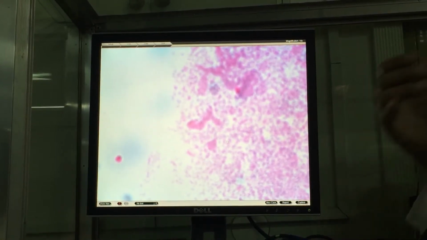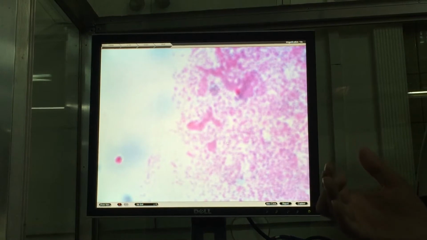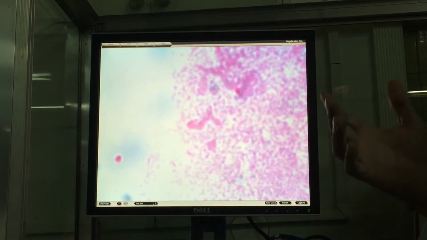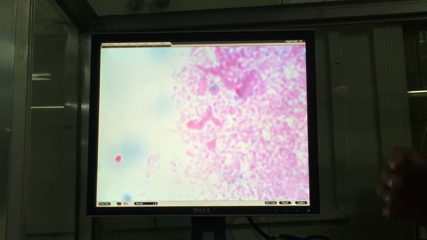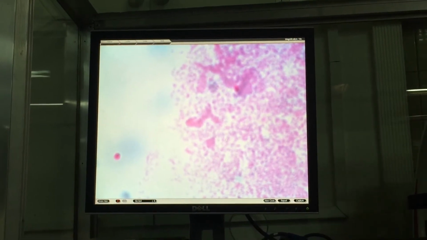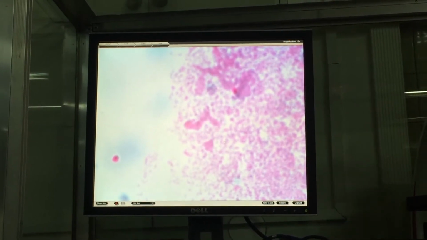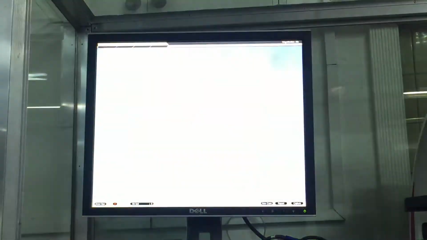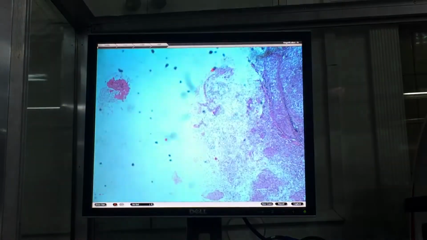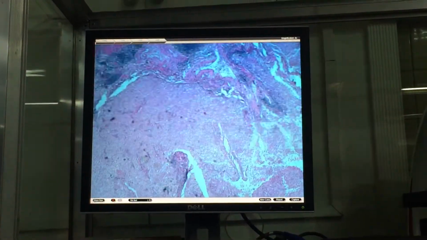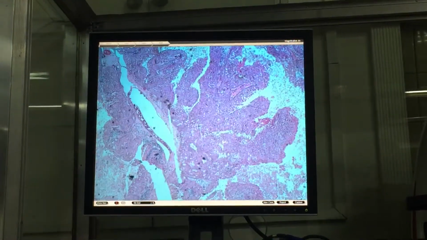Your urethra, your urinary bladder, and the pelvis of your kidney. So in these areas, you'll see this kind of tumor. But this one is very common in the urinary bladder.